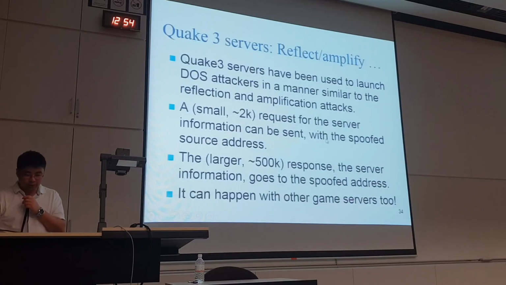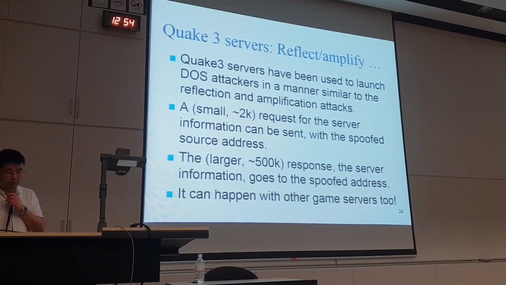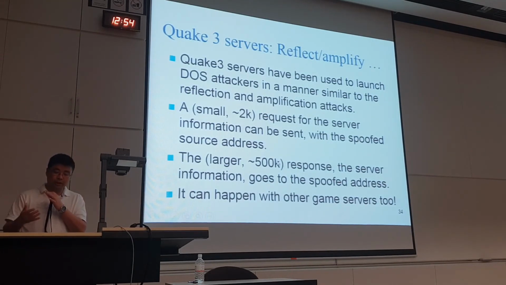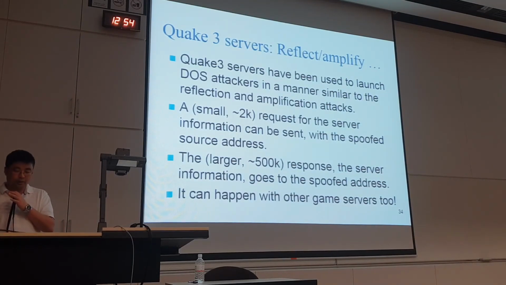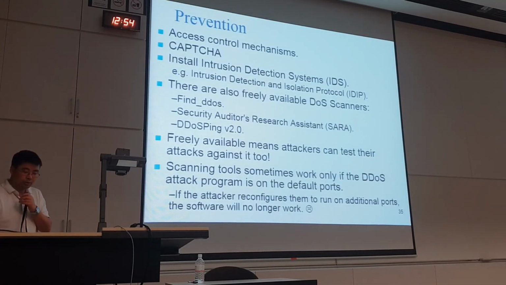And if you use some game server, it's even bigger. If you send a 2K request, it will generate a 500K response. So it also amplifies the attack, because for the attacker the request only requires a small packet, but the response for the victim will generate a large volume of data.